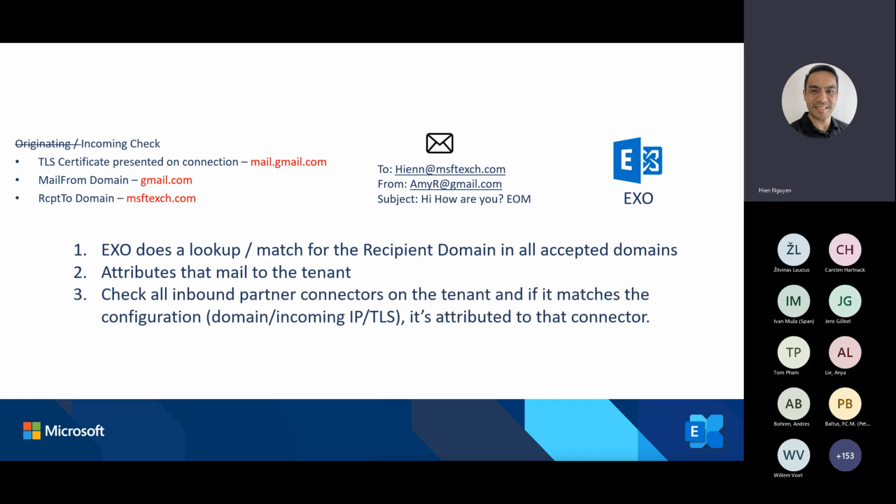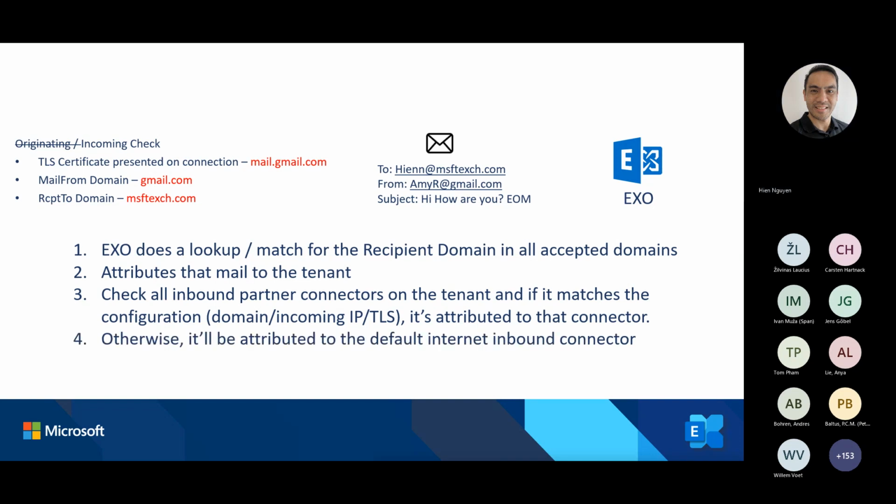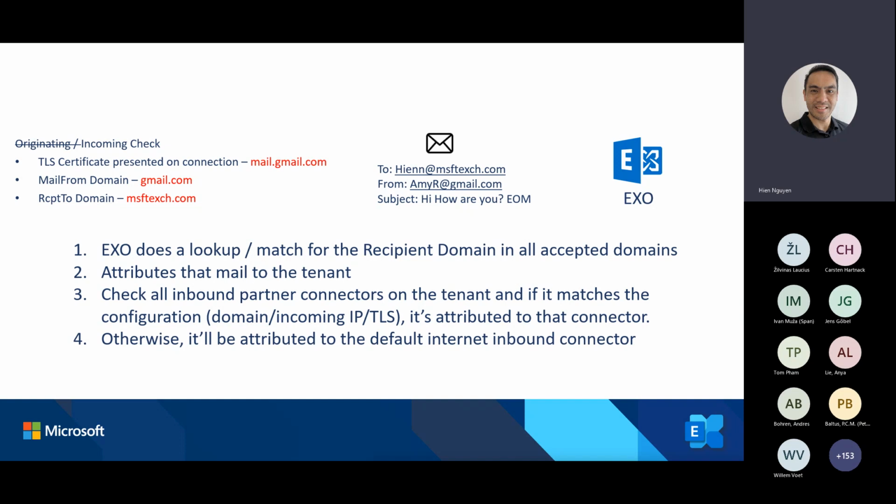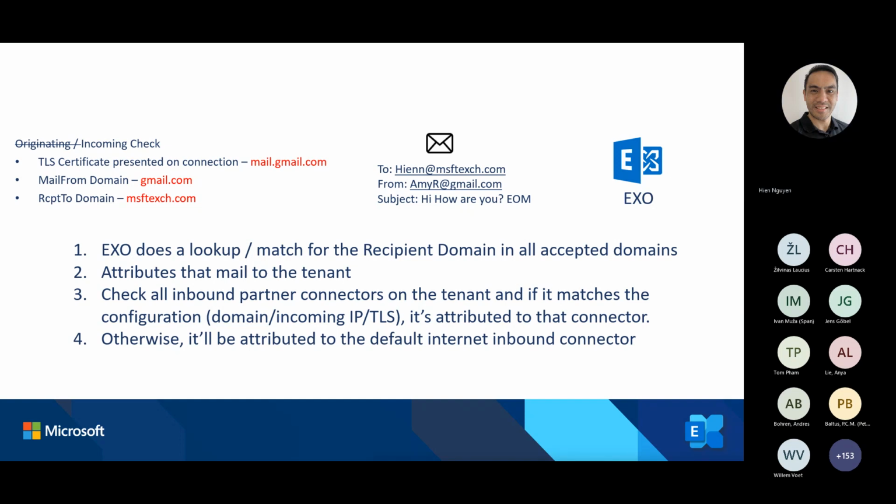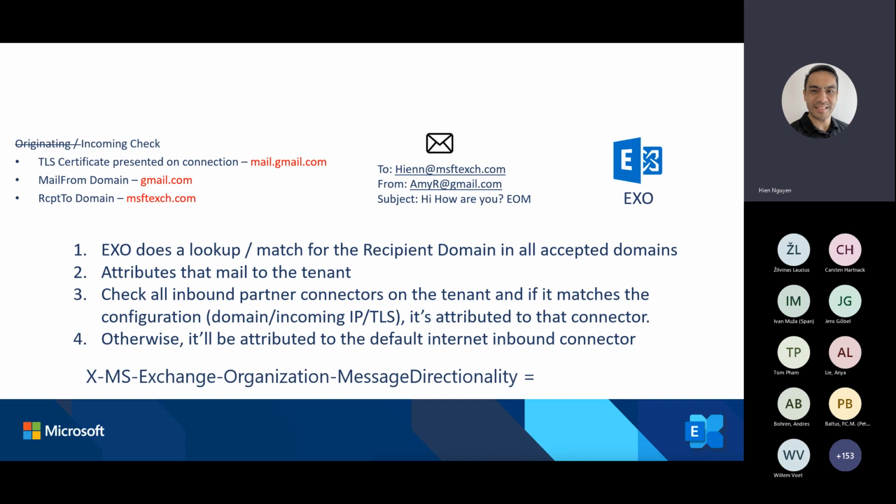We then check all the inbound partner connectors on the tenant so that we can enforce any domain or incoming IP or TLS restrictions for that particular domain, and it's attributed to that connector. And then if that fails, it will be attributed to the default internet inbound connector. And then we stamp the message directionality header to be incoming.